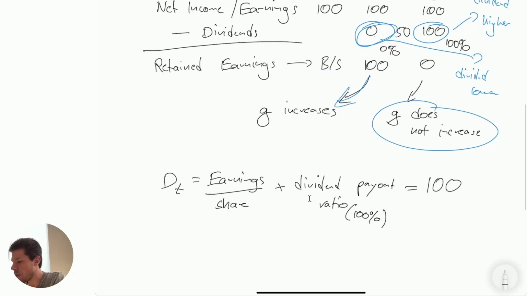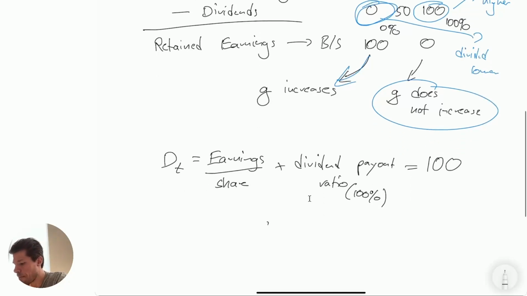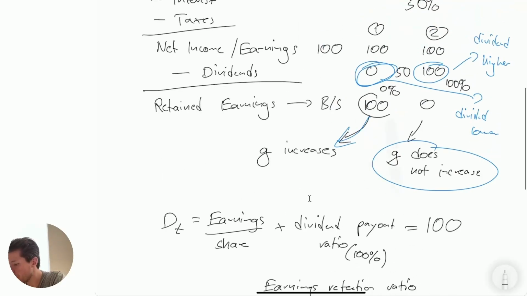If it's 0, it is 0. You call the opposite the earnings retention ratio. Here our earnings retention ratio is 100%. We have retained everything.